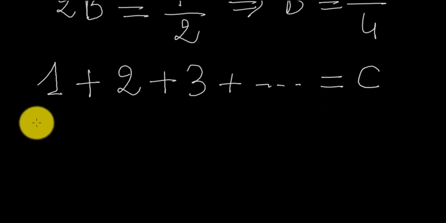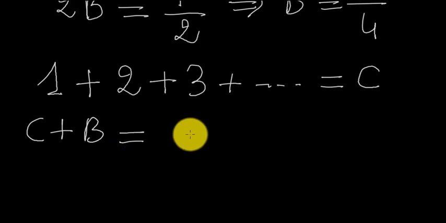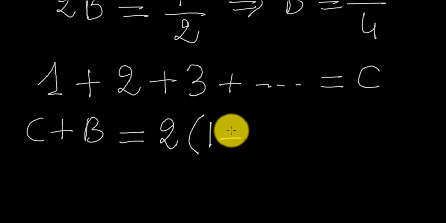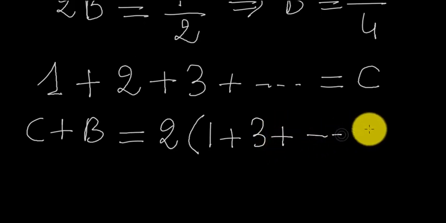Let's sum c plus b. So it's 1 plus 2 plus 3 plus 4 plus 5, etc., plus 1 minus 2 plus 3 minus 4, etc. So we will be getting just 2 times 1 plus 3, etc.